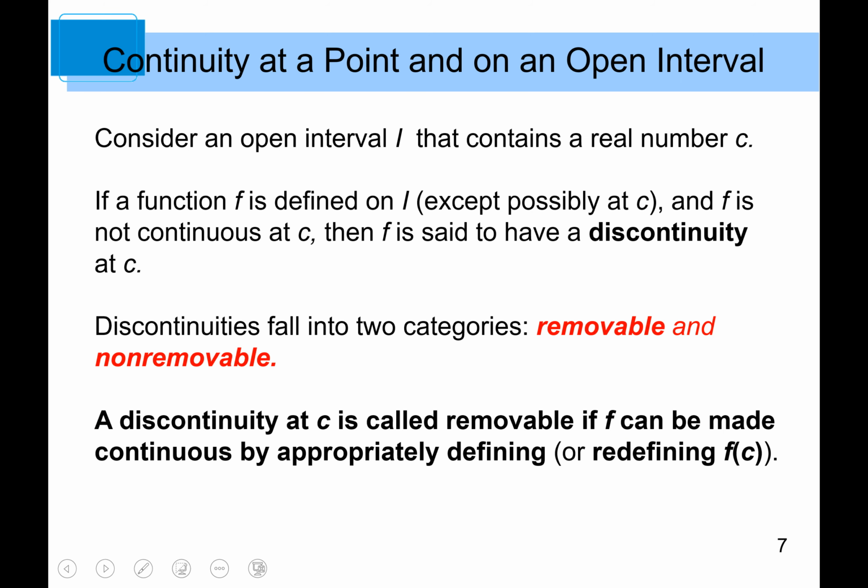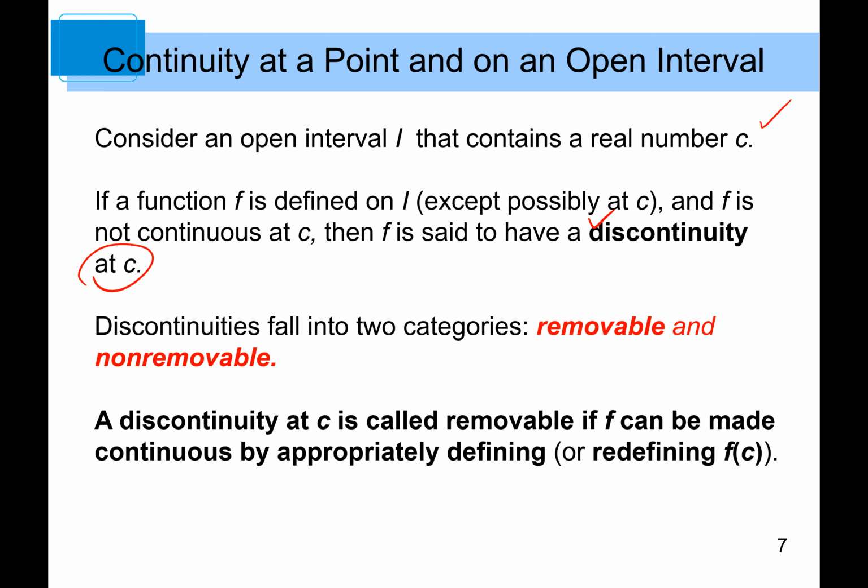Consider an open interval I that contains a real number c. If a function f is defined on the interval, except possibly at c, and f is not continuous at c, then f is said to have a discontinuity at c.